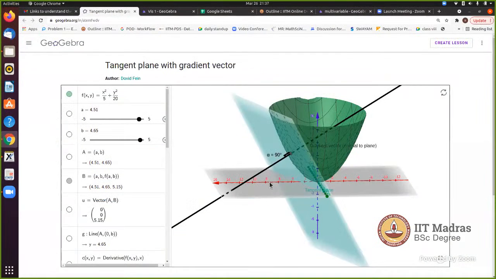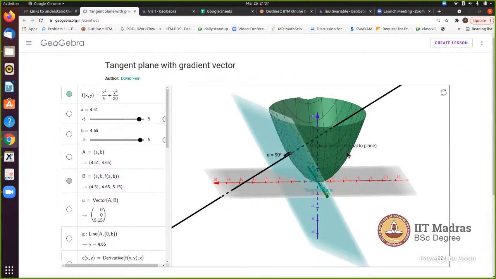That is the issue. This line is not the gradient vector. It's another line. That is my point. The direction cosine of this line involves the gradient vector. That was confusing, since the tangent plane was written with the gradient vector, so I thought this black line was the gradient vector.